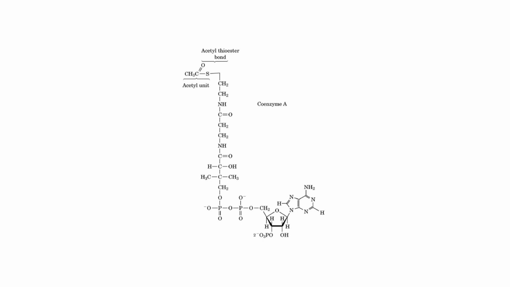So this is basically a nucleotide, an RNA nucleotide, similar again to ATP. That part of the structure, and then attached to that end phosphate is a longer organic molecule, and then eventually at the end on the left-hand side, you see the acetyl unit, which is added onto this coenzyme A. So this is acetyl coenzyme A, and what's left of the sugar is the CH3, double bond O, and the bond to the sulfur.